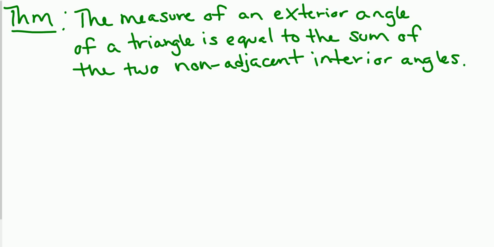The measure of an exterior angle of a triangle is equal to the sum of the two non-adjacent interior angles.